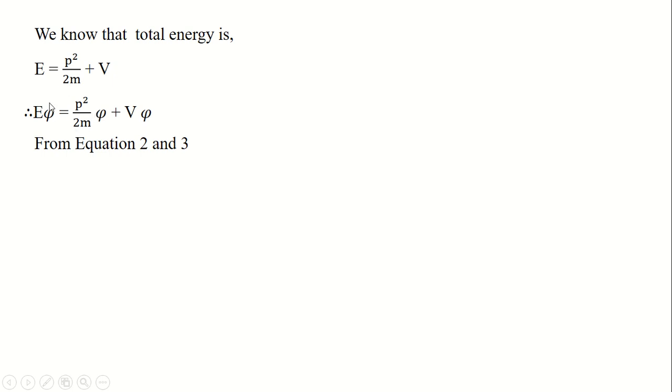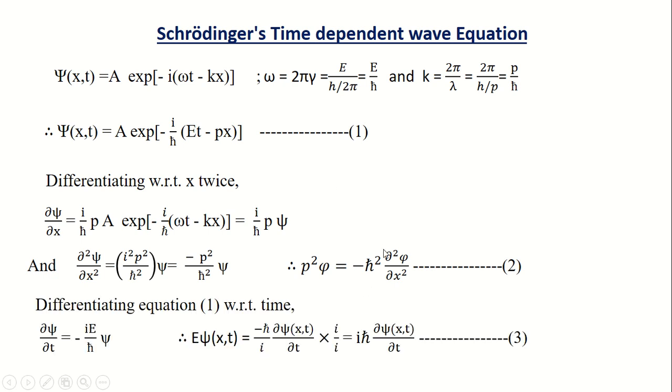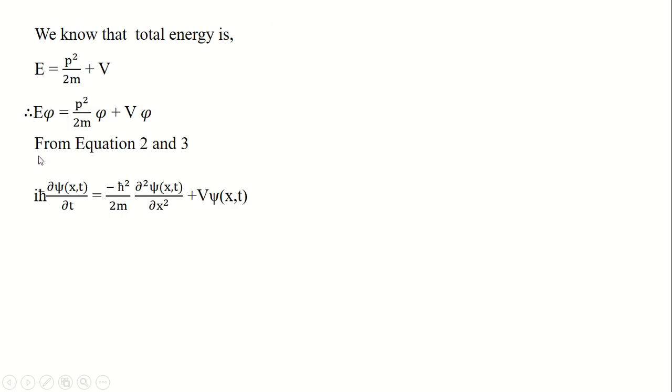But in equations 2 and 3, we have values for P square psi and E psi. So P square psi is equal to minus h cross square dou 2 psi by dou x square, and E psi is equal to i h cross dou psi by dou t. So putting these values into this equation, i h cross dou psi by dou t is equal to minus h cross square dou 2 psi by dou x square upon 2m plus V psi.